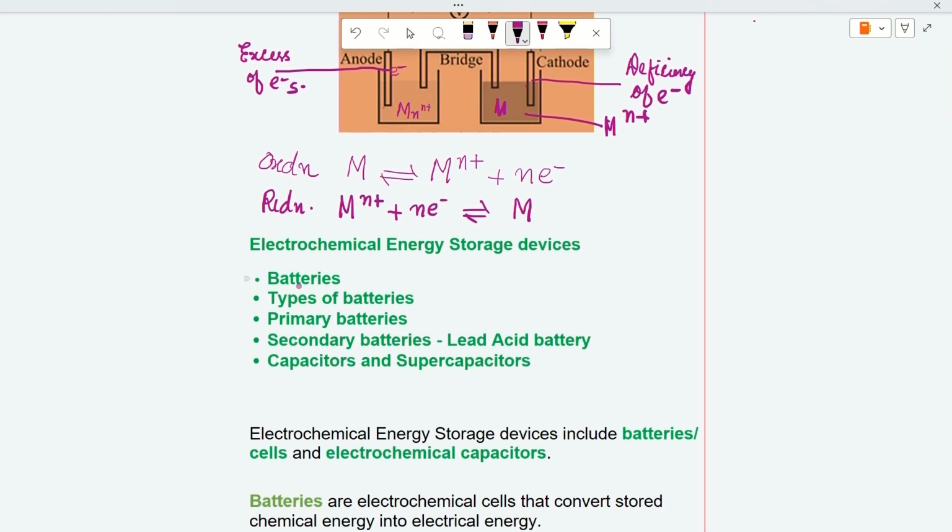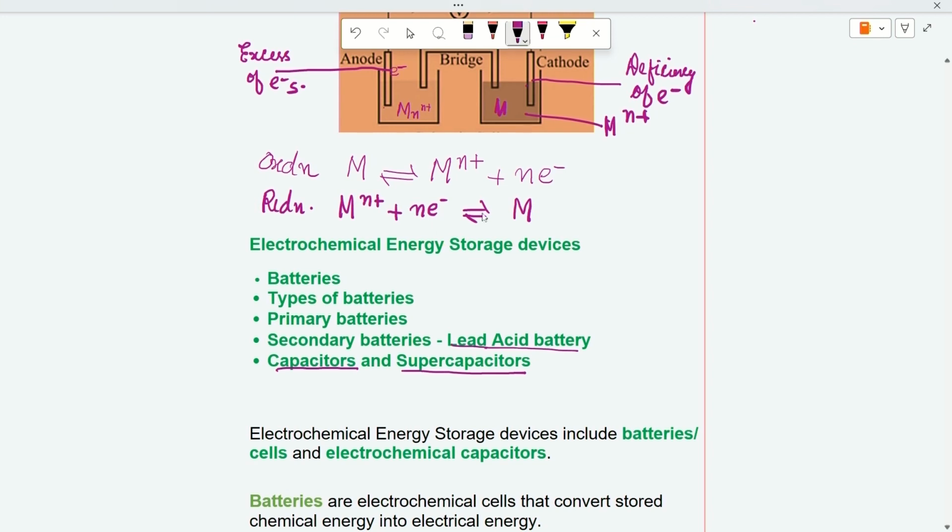We will be seeing batteries and the types of batteries available now, which are classified as primary and secondary batteries. In secondary batteries we will be seeing the lead acid battery, and also a brief explanation of capacitors and supercapacitors.